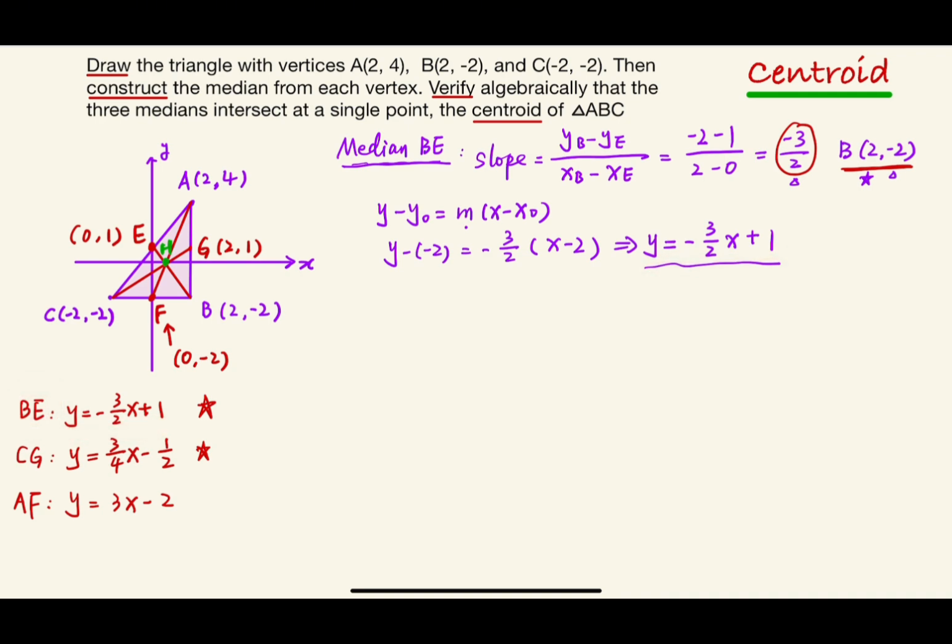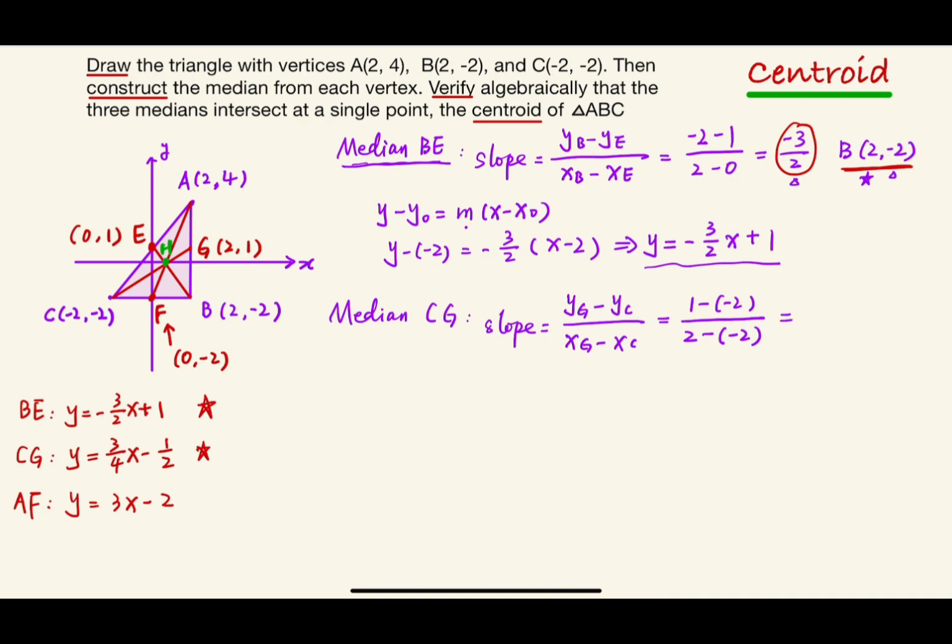Similarly, we can figure out median CG. The slope should be yg minus yc over xg minus xc. Yg should be 1, yc negative 2, xg 2, xc minus 2.